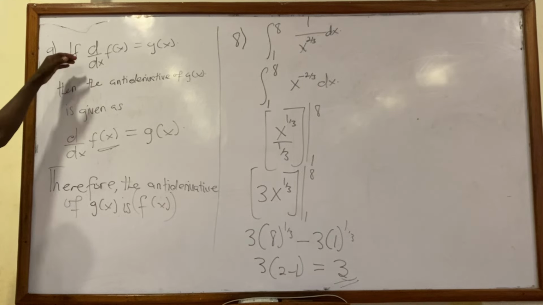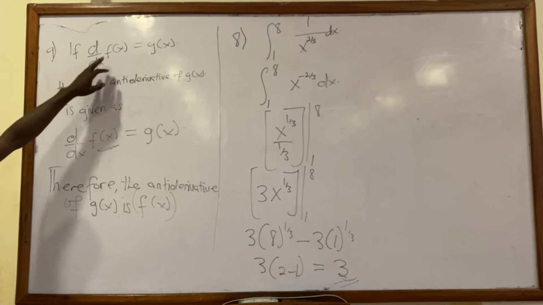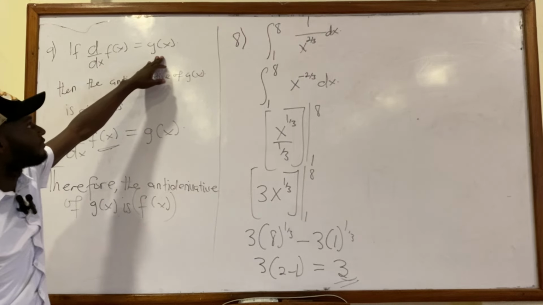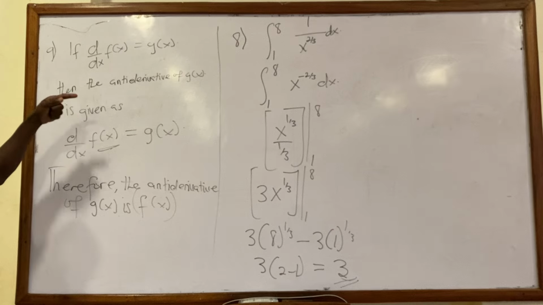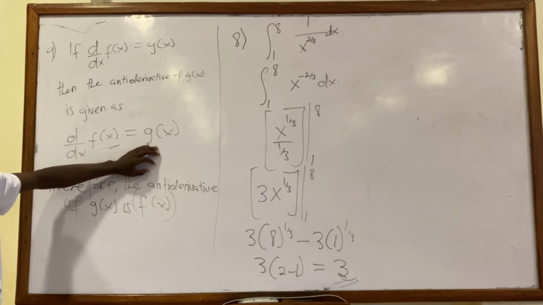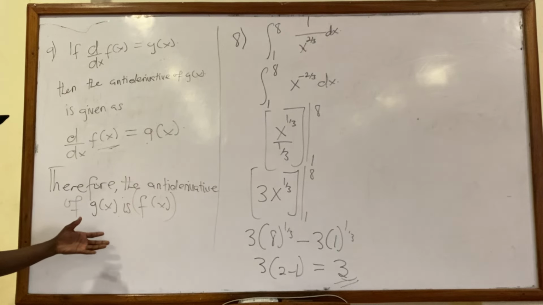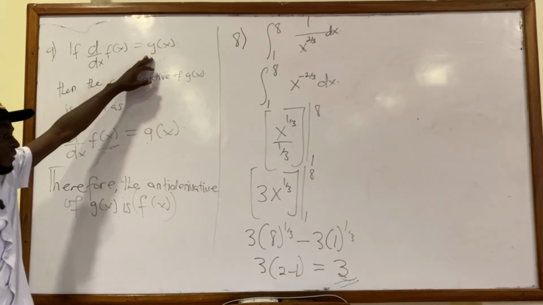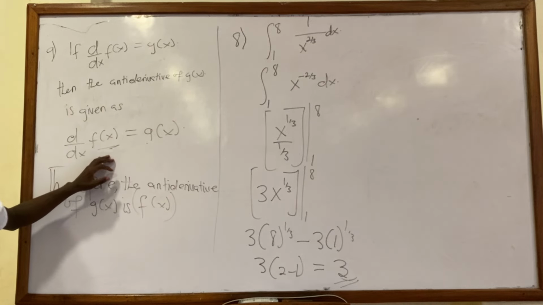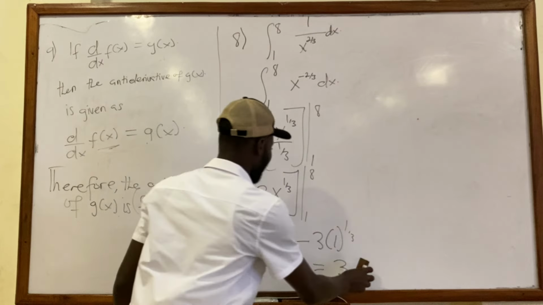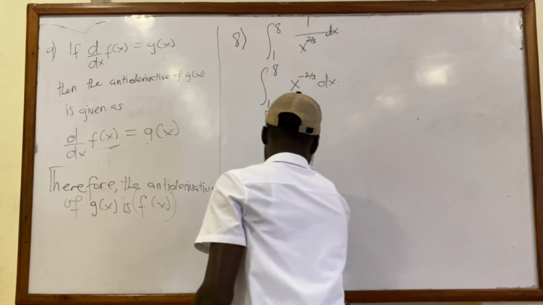If you have the differential of a function, say f of x with respect to x, and it's giving you g of x, then it means the antiderivative of g of x is that particular function f of x. Now let's move on to question number 10.